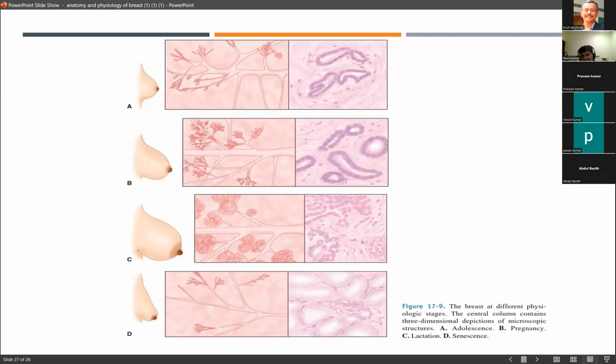So in that time, the fibrous stroma and the alveoli will shrink and be replaced by fat. So any pathology in the background of fat will light up and is more obvious compared to a younger breast, where the fatty component is less and the fibrous component is more. Yes.